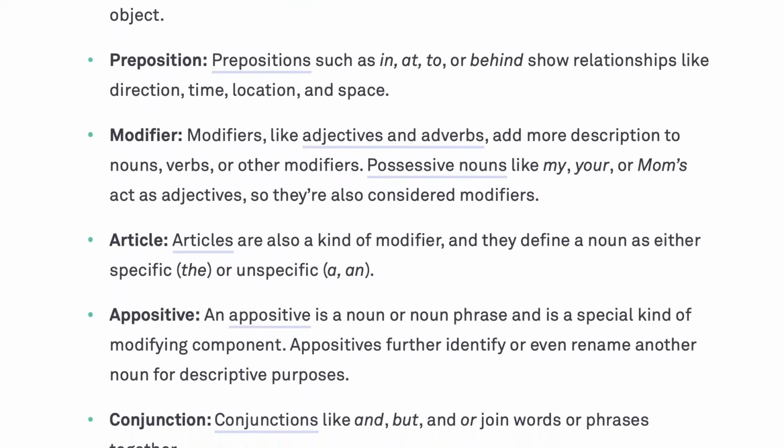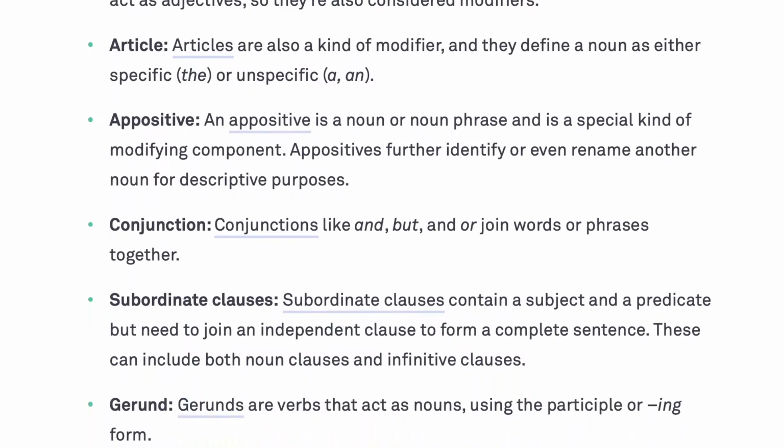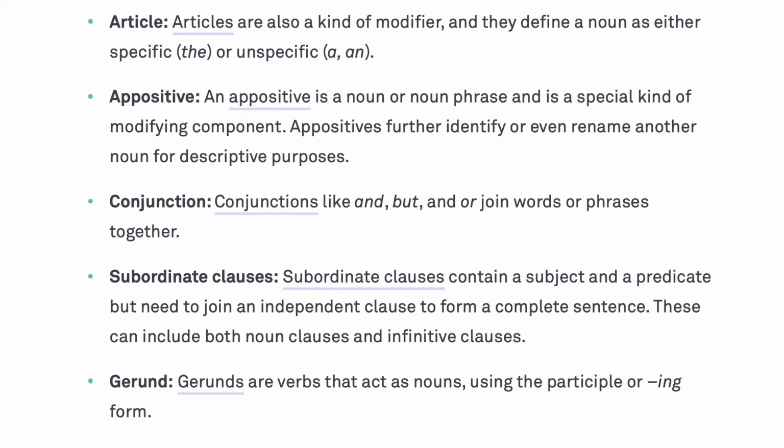Preposition, modifier describes something. So those are adjectives and adverbs. Articles, we already know. Appositive statements, we do not know. Conjunctions, we know. Subordinate clauses. Conjunctions introduce a clause. It's important to know what clauses are. When we know and learn about the parts of speech, we don't learn what clauses are.